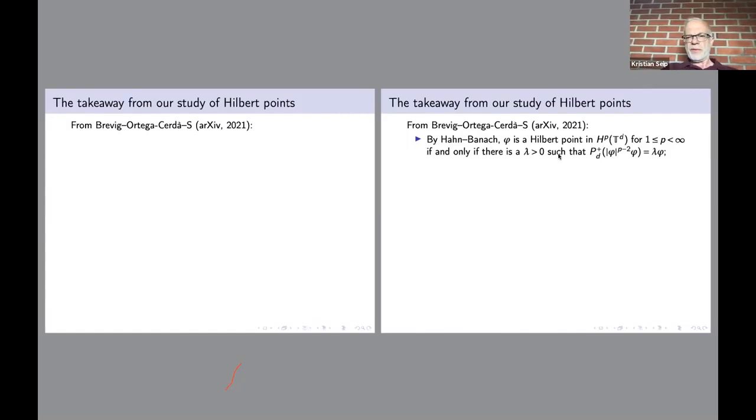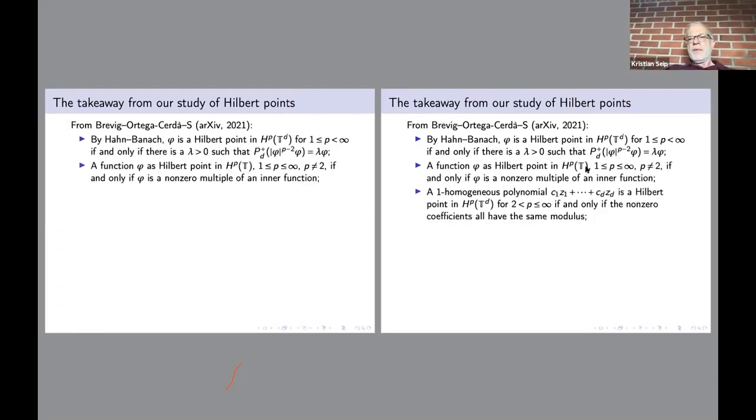Well, there is one way to characterize them in terms of this non-linear projection operator. Hilbert points are precisely the solutions to this equation. And then if you are in dimension 1, this is just a new word for inner functions.